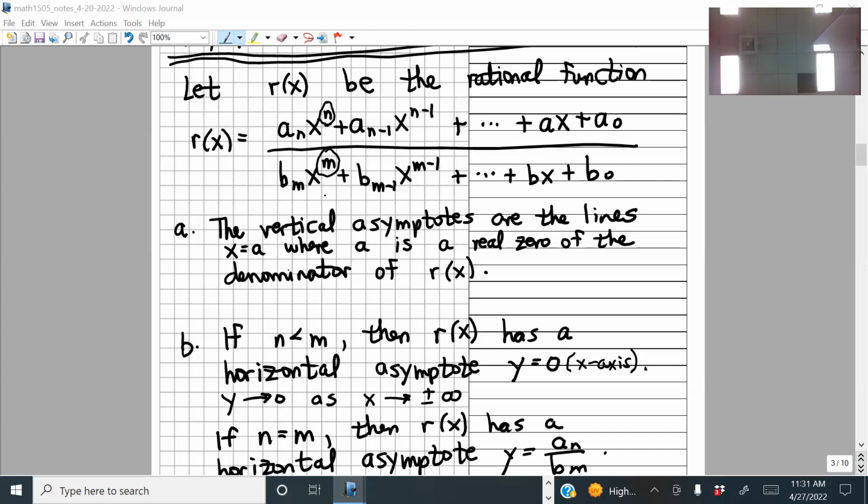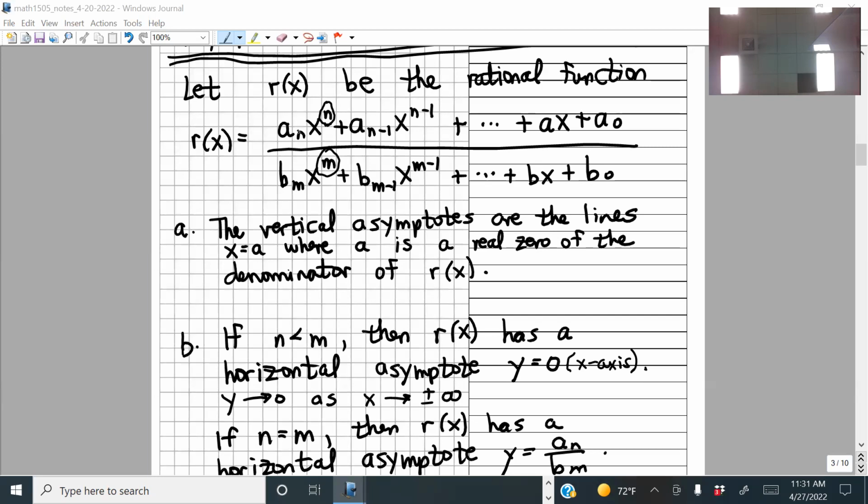So that's an easy case. And then finally, the third possibility is that these two degrees are equal. So you might have a quadratic divided by a quadratic or cubic divided by a cubic. In that case, you do get a horizontal asymptote. The way you find it is to take the quotient of the leading coefficients.